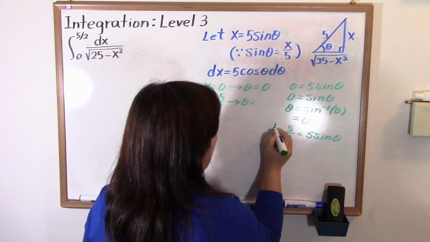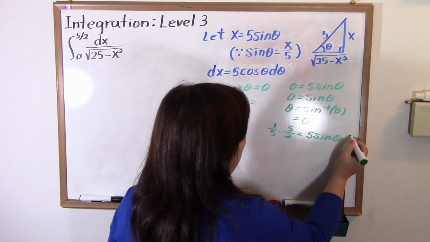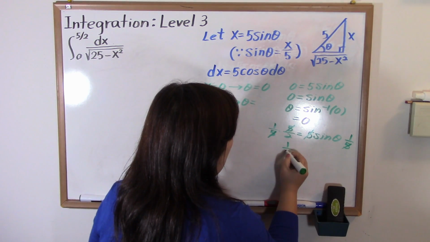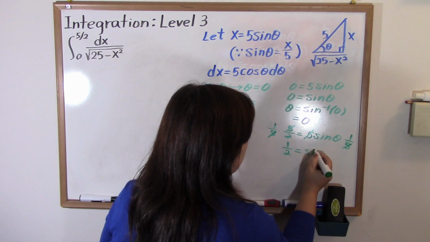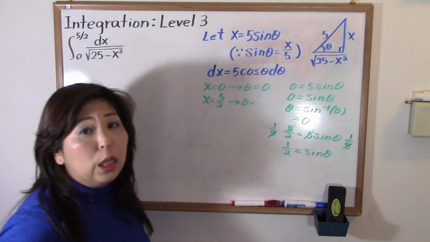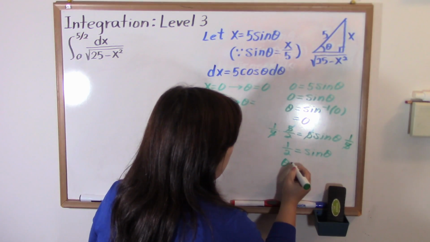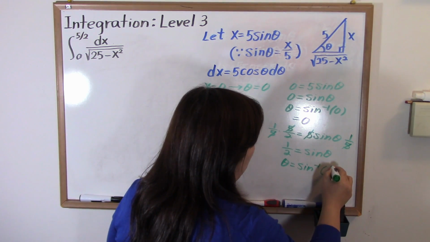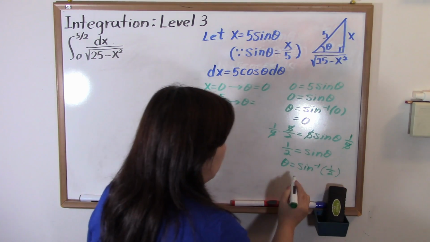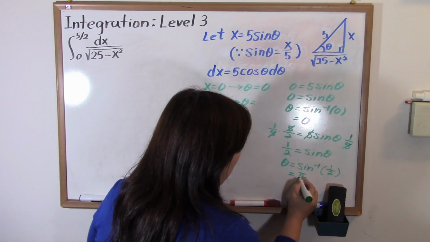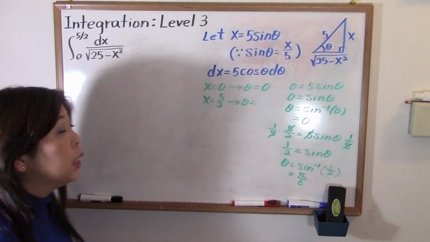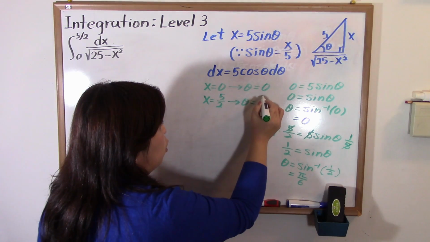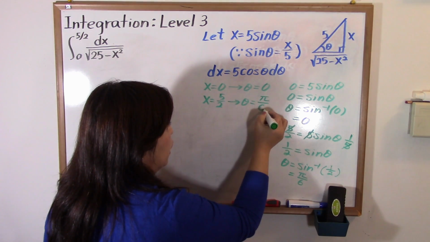So we're gonna multiply by 1/5, and the 5 is gone, and 1/2 is equal to sine theta. So what is theta? Theta is equal to inverse sine of 1/2, which is pi over 6. And when x is equal to 5 over 2, theta is equal to pi over 6.